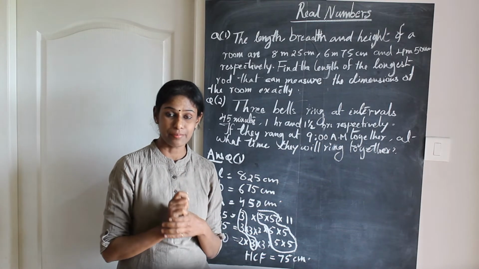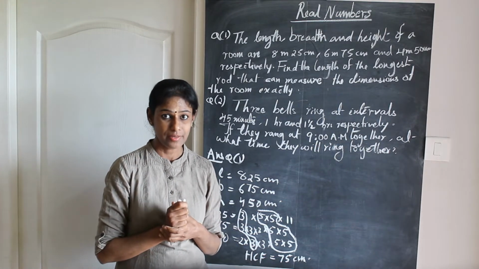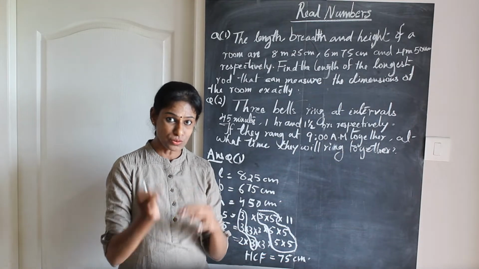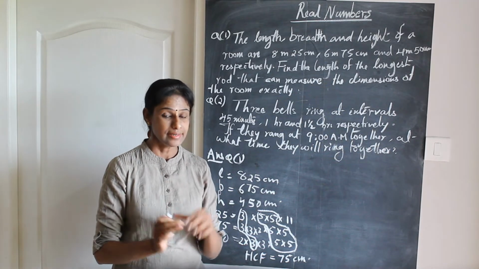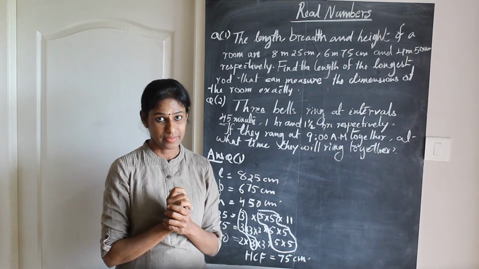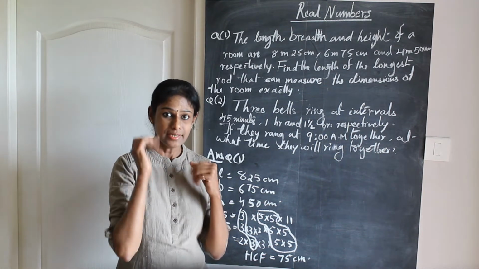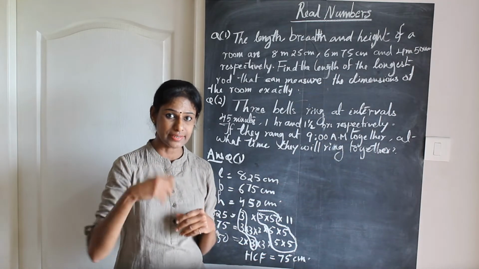Similarly, the question can be like, 3 different types of sweets are available in a shop, and the shopkeeper wants to stack the sweets in small boxes such that the number of sweets in each box must be the same. For example, suppose the 3 different types of sweets are 60, 70 and 80.